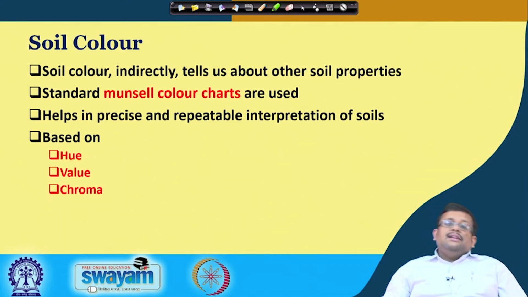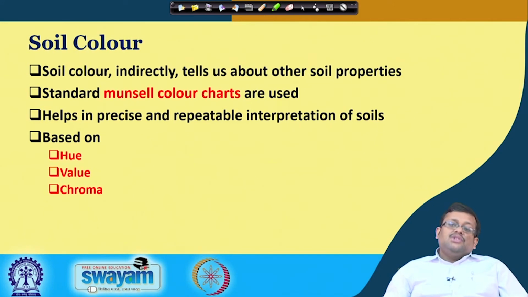So how do we generally measure soil color in the field? Generally soil color measurement in the field is done based on a color chart called the Munsell soil color chart. This Munsell soil color chart helps in precise and repeatable interpretation of soil color.